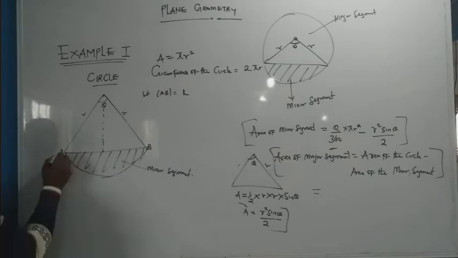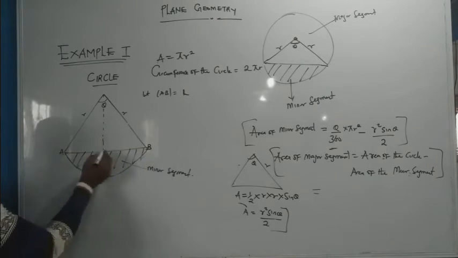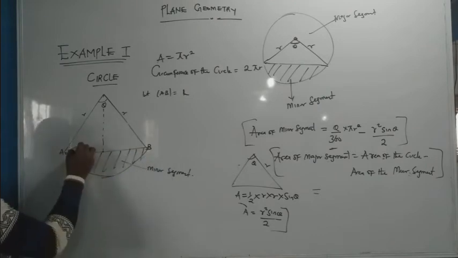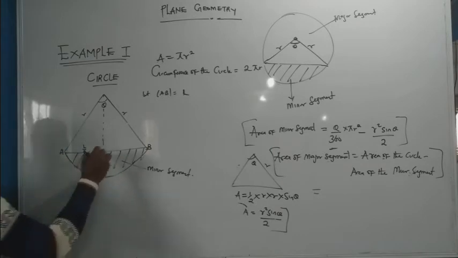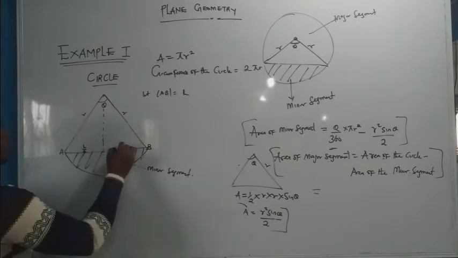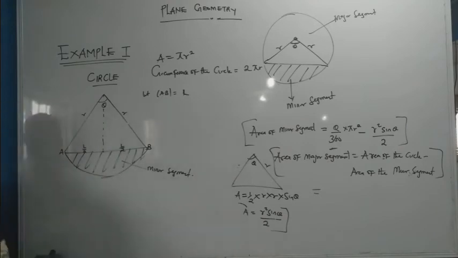If side AB is L, then half of L will be L over 2, and here will be L over 2. That's half of L.